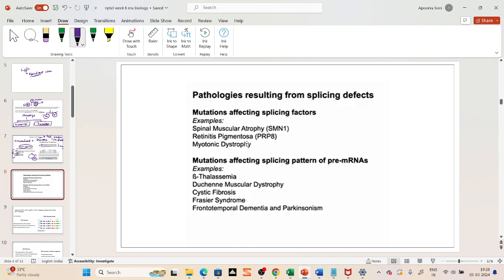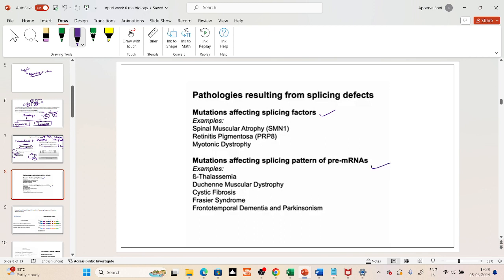So any molecular process, any molecular phenomena, if it gets any kinds of defects or disruptions, it will lead to some kind of pathological conditions. So similarly, if there are some defects in splicing, it can also lead to different kinds of pathological conditions. Now those mutations can be either in splicing factors or in the splicing pattern.